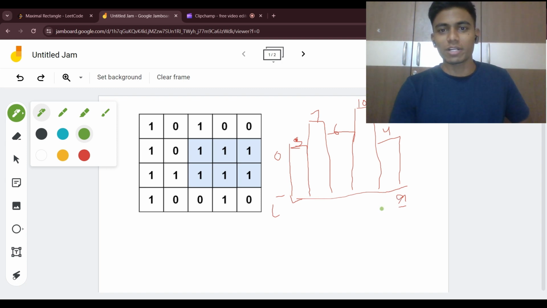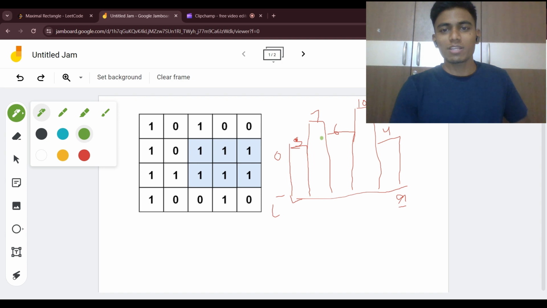Suppose let us consider that we have 5. For this we need to find the maximum rectangle which we can build with this particular height as 5. So to build with a height of 5, we need to see the length of this particular rectangle which we can build. Suppose this is 7.